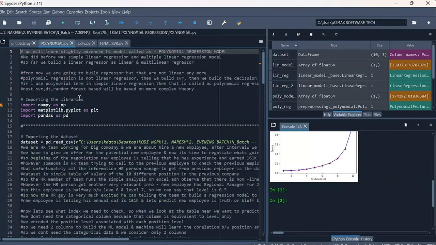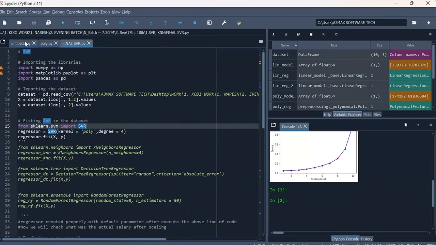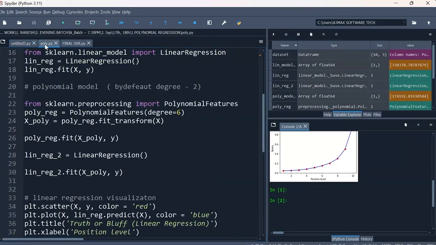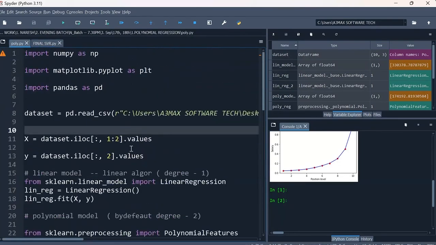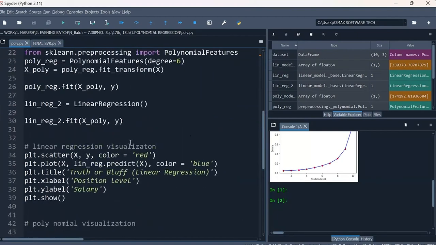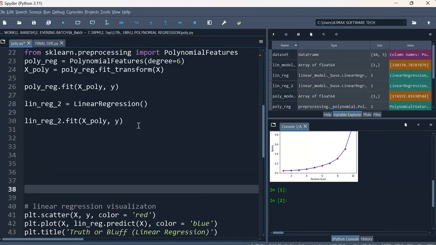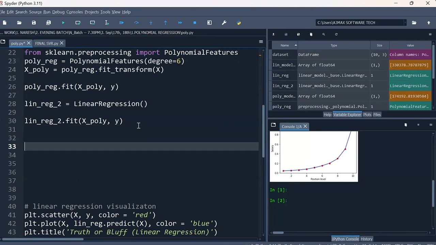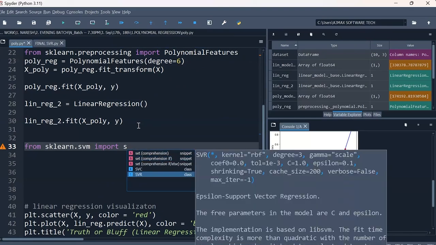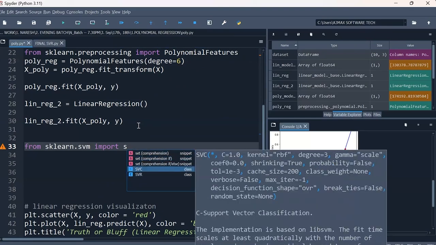Okay, so just go to the code. I'll create a new line here: from sklearn.svm import SVC or SVR, which one, guys?